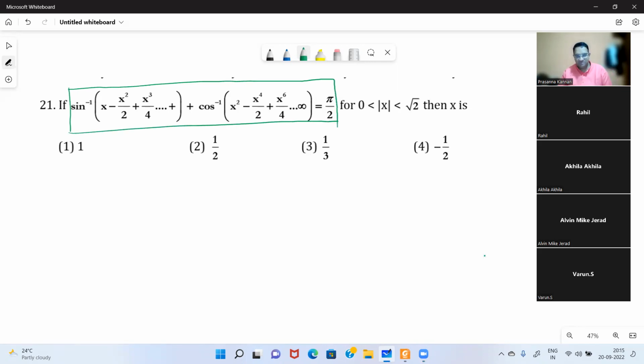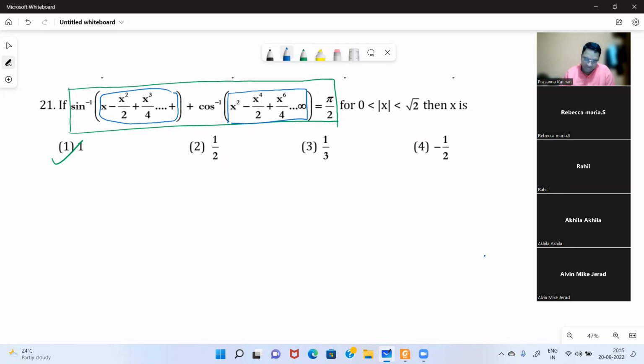Just by observation, you can say. Correct, Rahil? So 1 is the correct answer, because if you substitute 1 in both cases, whatever is inside will be the same. Correct or not for both of them? And we know sine inverse x plus cos inverse x is what?